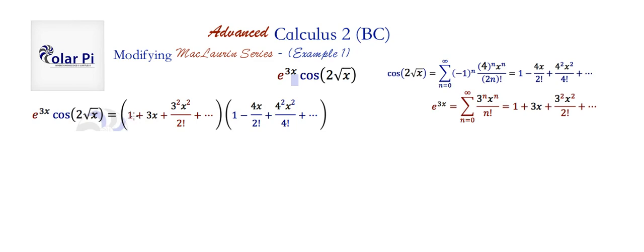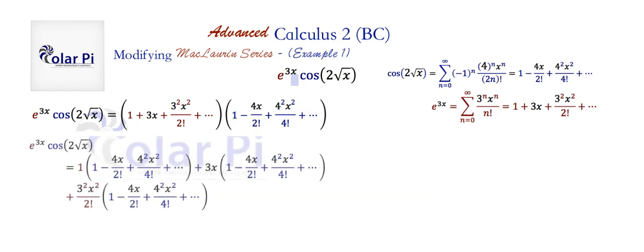We could first take this one and multiply it to all of this, and then we could take the 3x and multiply it to all of this. And by all of this, I mean the Maclaurin series for cosine 2 root x. And then take this guy here, the third term in the expansion of e to the 3x, and multiply it to all of this. And that's basically the distributive property, so I didn't invent anything new.